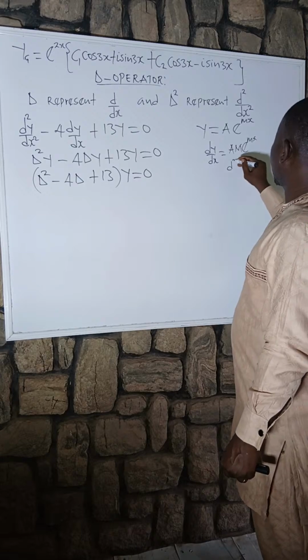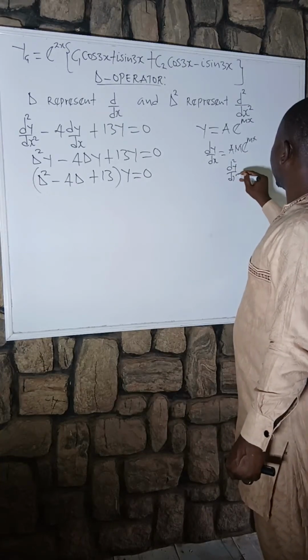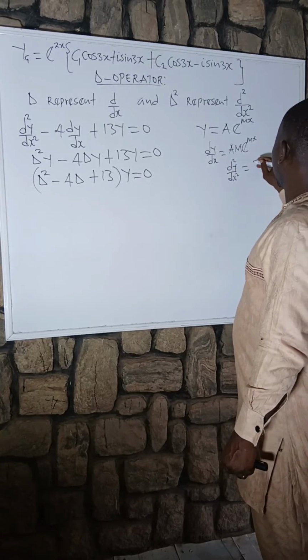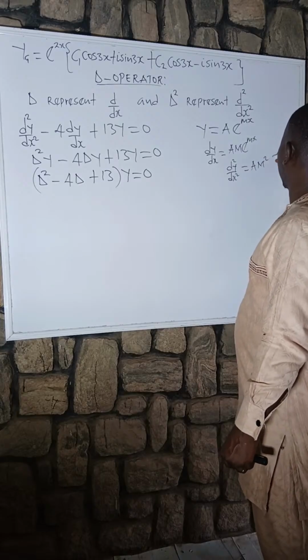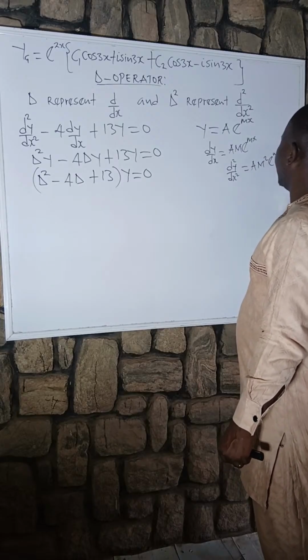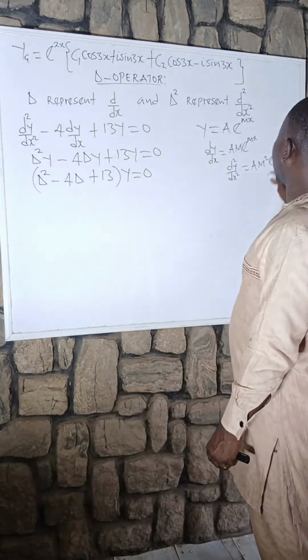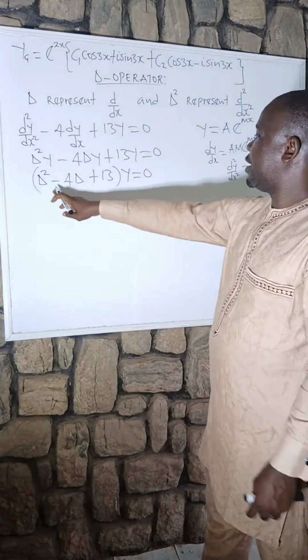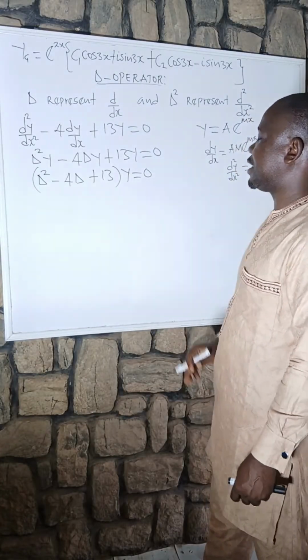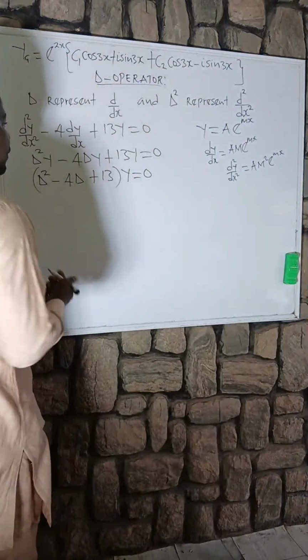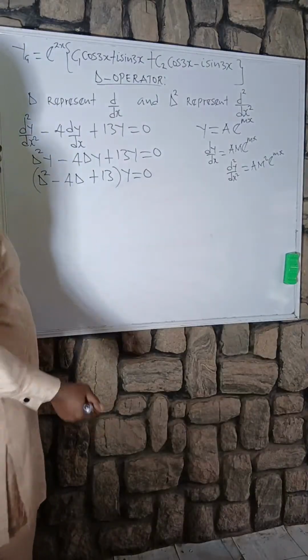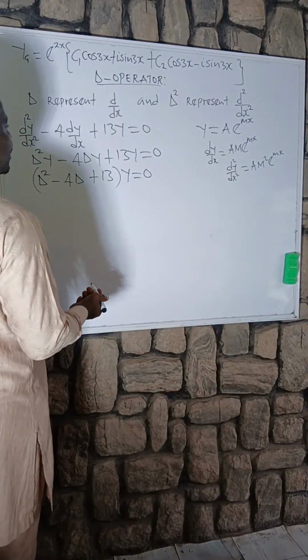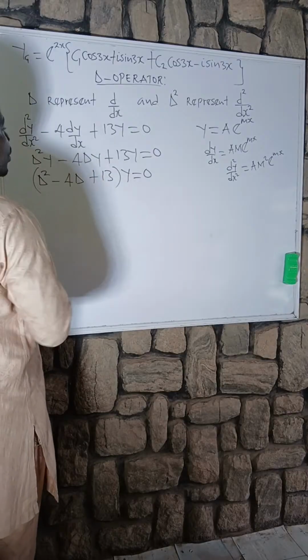And d squared y all over dx squared gives us am squared exponential mx. So instead of this, we have to substitute in this and this. At the end of the day, I told you, it is the same thing.